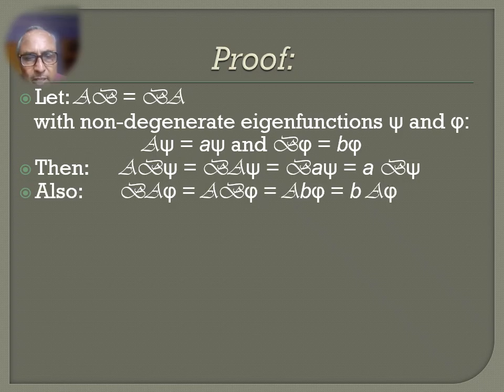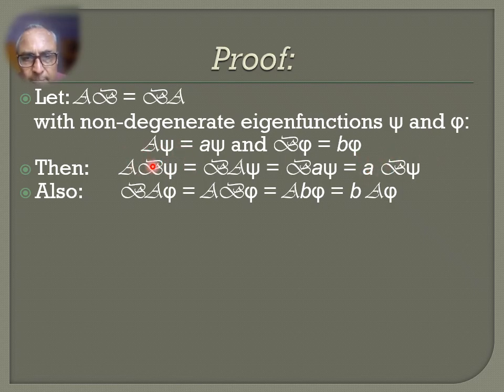Similarly, BA operating on phi is equal to AB operating on phi from the commutative property, which is equal to A operating on small b times phi from the eigenvalue property, which is equal to small b times A operating on phi. So if we look here, A operates on B psi to give small a times B psi.